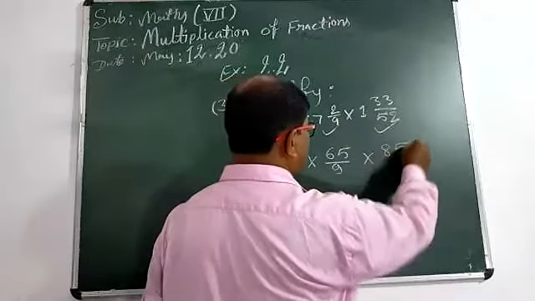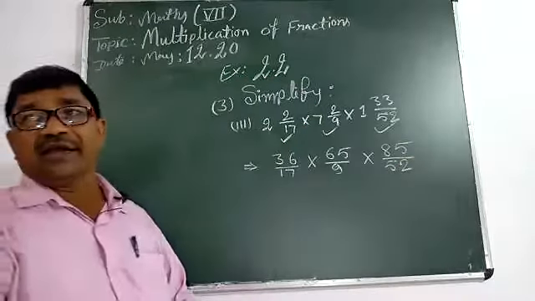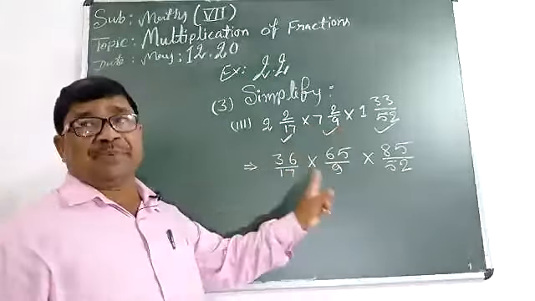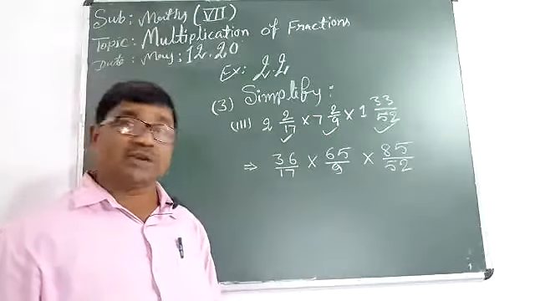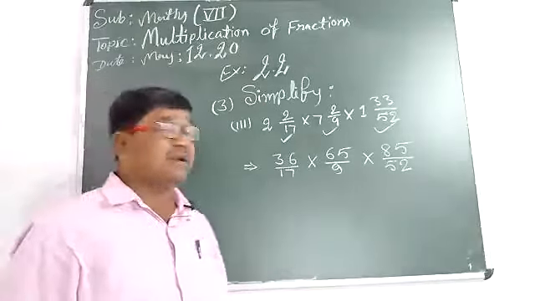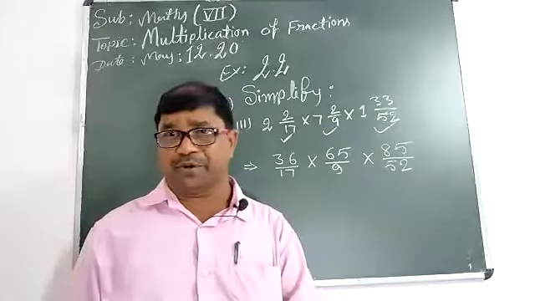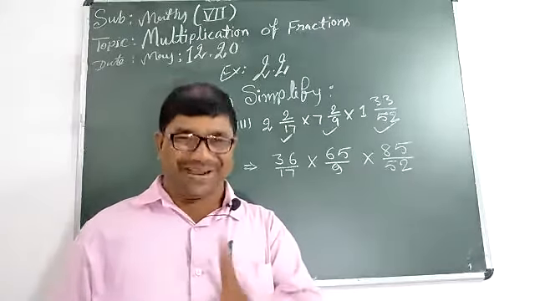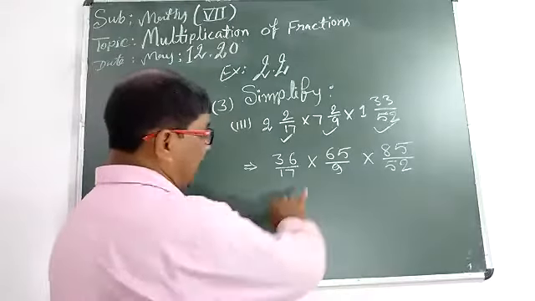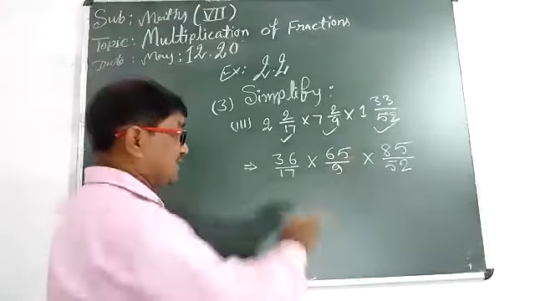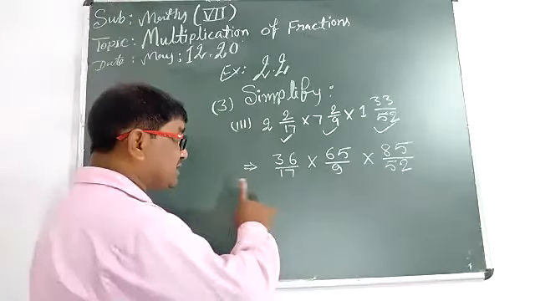Am I right? Mind your simple operation. Everybody mind the simple operation. You are only responsible for this. If I am writing 85 instead of 58, that is not my problem. Mind the simple operation always. Okay. These three are improper fractions.